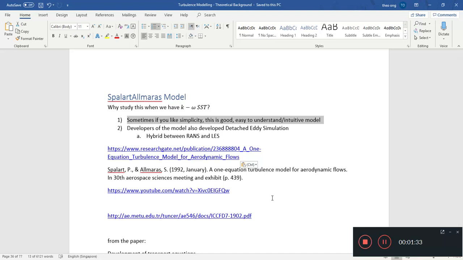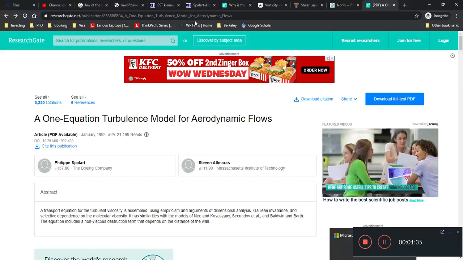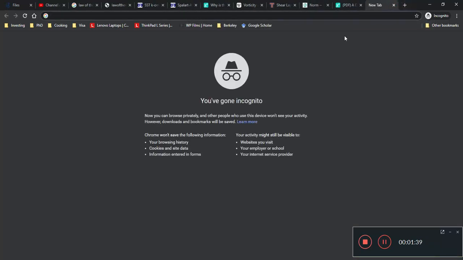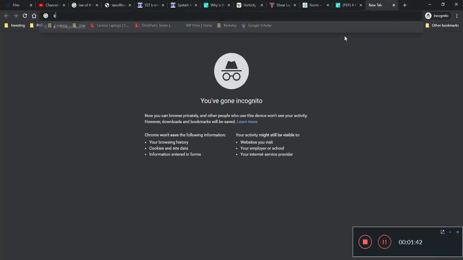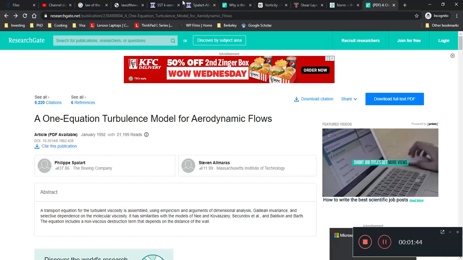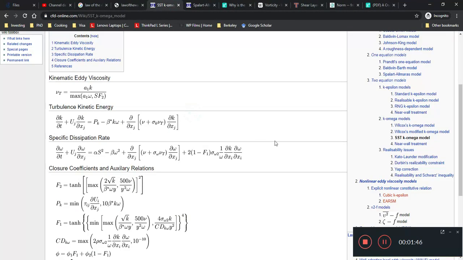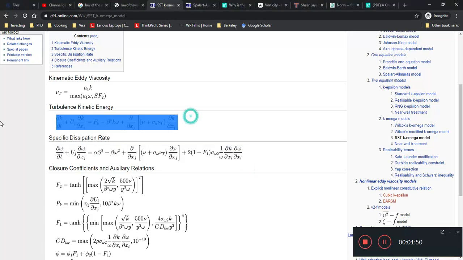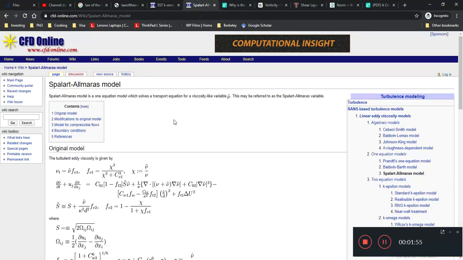You only solve directly for the kinematic viscosity, so to speak. You're not solving for turbulent kinetic energy and the dissipation rate. You're solving instead directly for this turbulent eddy viscosity.